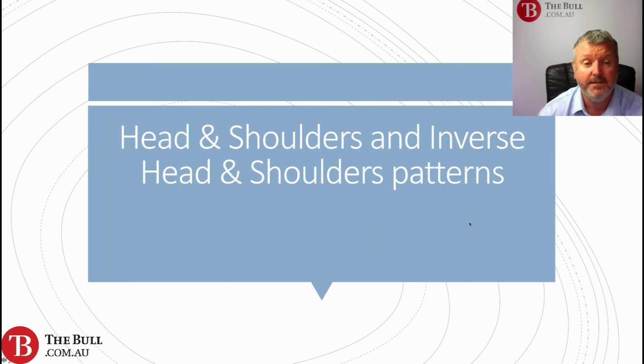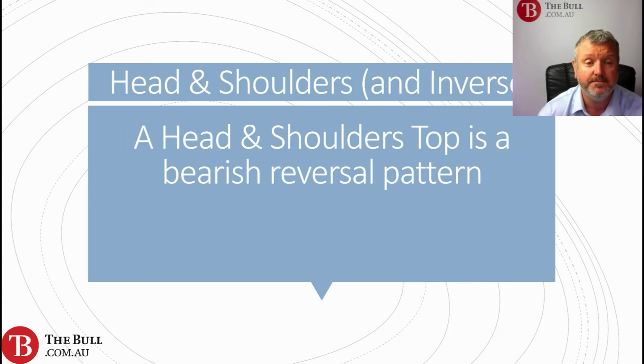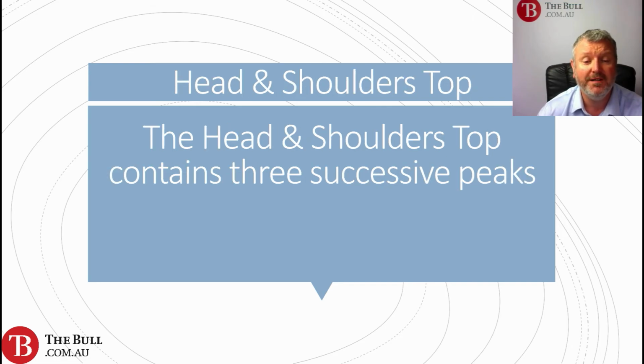We're going to now take a look at head and shoulders top patterns and inverse head and shoulders bottom patterns. A head and shoulders top is a bearish reversal pattern. The head and shoulders top contains three successive peaks or highs.